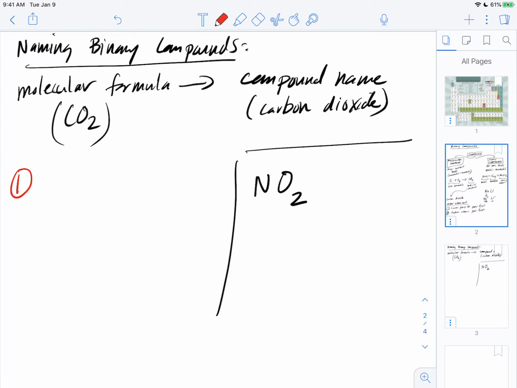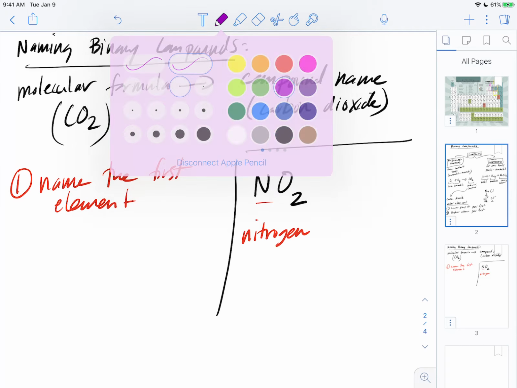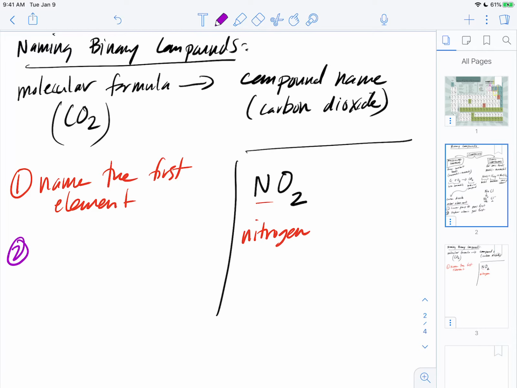We'll start off with rule number 1, which is name the first element. The first element's nitrogen, so we're going to write nitrogen. And then, changing color, the second rule is change the ending of the second element to "ide."